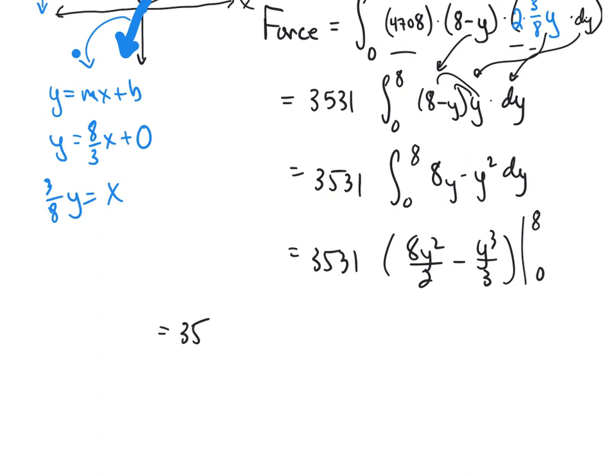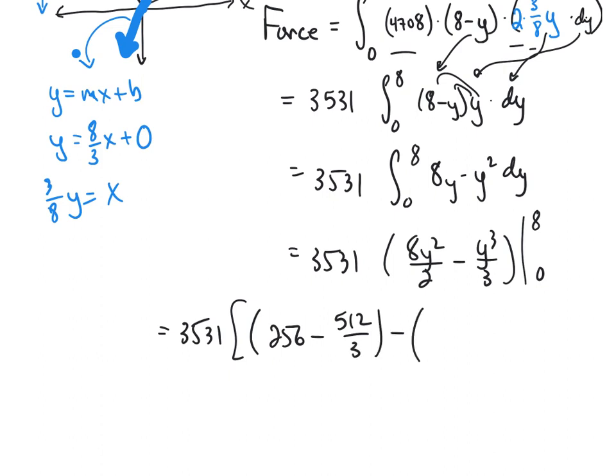So let me spread out a little. Everywhere I see a y, put in 8. So 8 times 8 squared divided by 2. I think I punched that out okay. I got 256. And then 8 to the third divided by 3 would be 512 thirds.